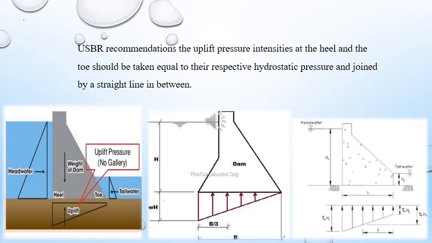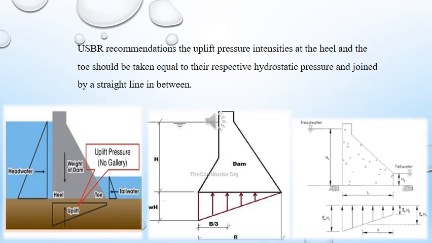So the uplift pressure intensity at the upstream side is C gamma W H, and at the downstream side it is C gamma W H dash. If we consider the full uplift pressure, the value of C is taken as 1. If there is no water at upstream or downstream, the value of C is taken as 0. And the line joining.